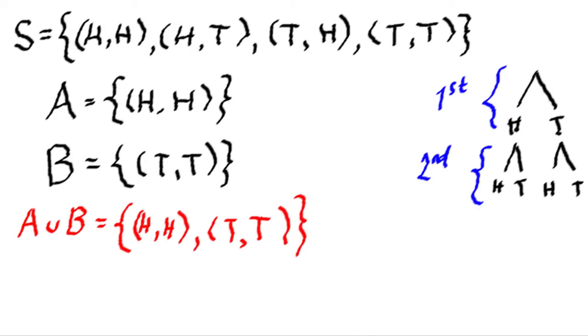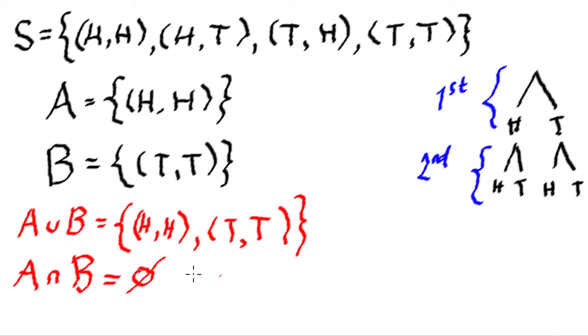Next is about the intersection. What are the common things or the common outcomes between A and B? Okay, so what are the common outcomes? Clearly, from observing A and B, we can see that there are no common outcomes between A and B. So hence we say that A intersection B is empty, or is equal to an empty set, saying that there are no common outcomes between A and B. Since clearly A is HH, B is TT, therefore there are no common outcomes between them.